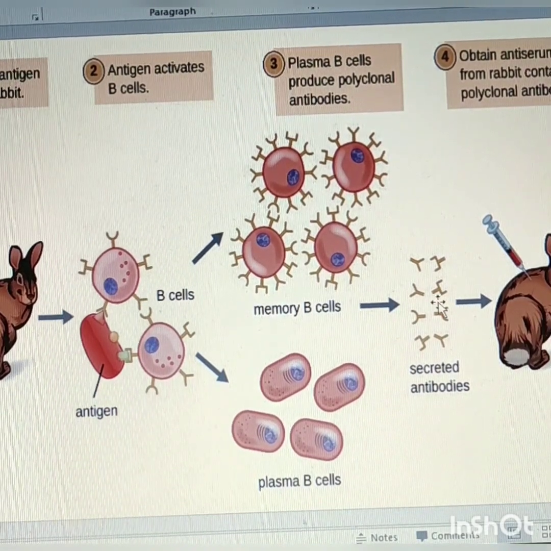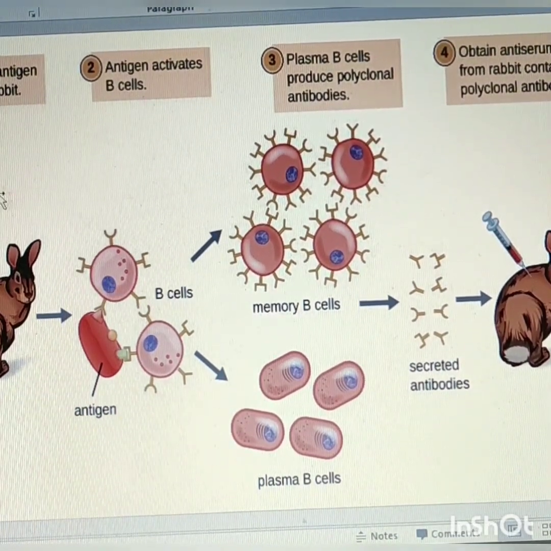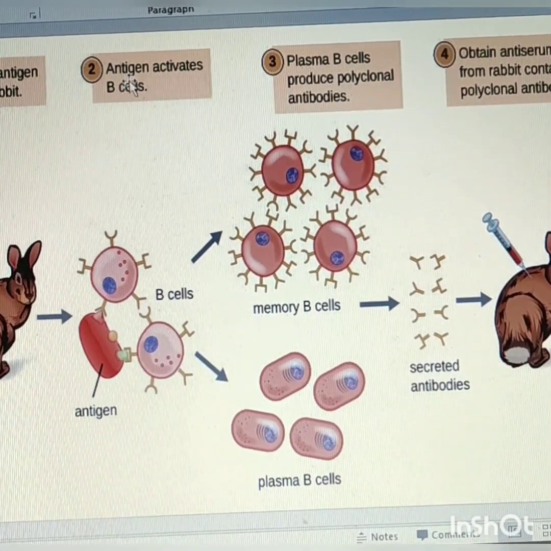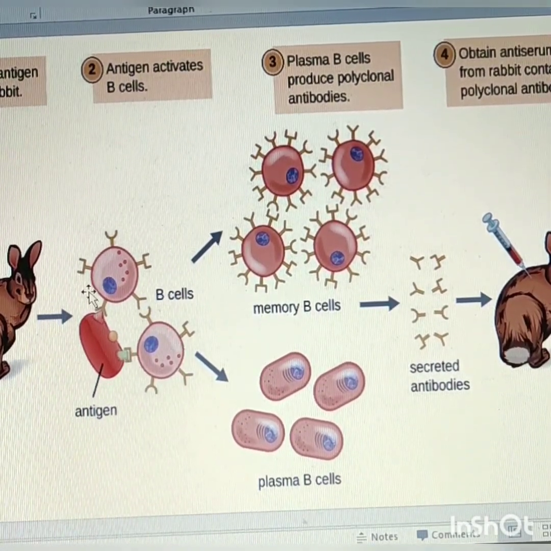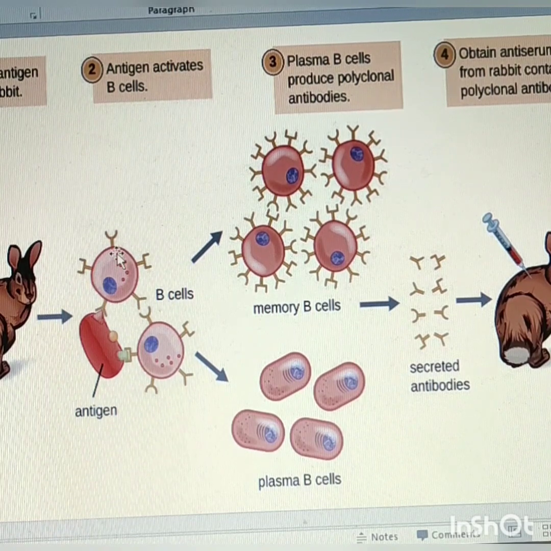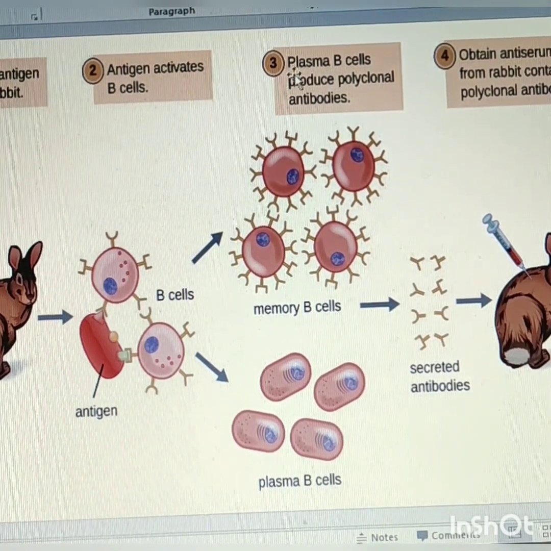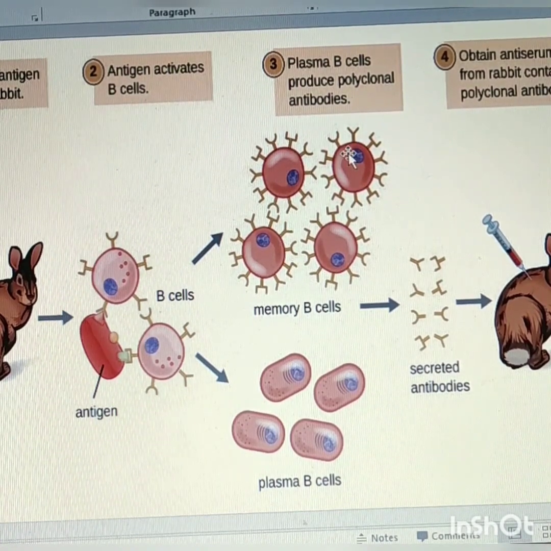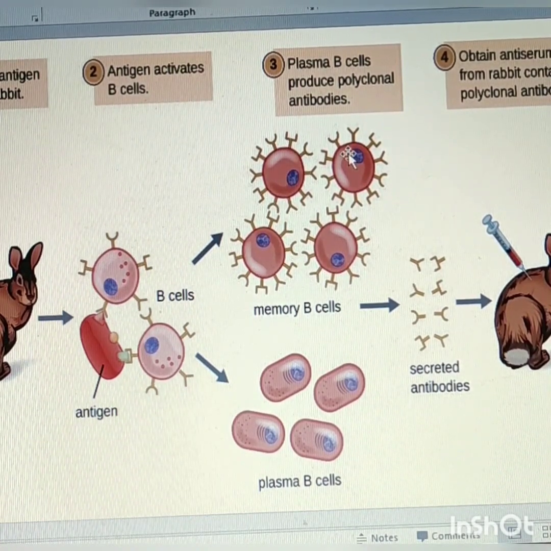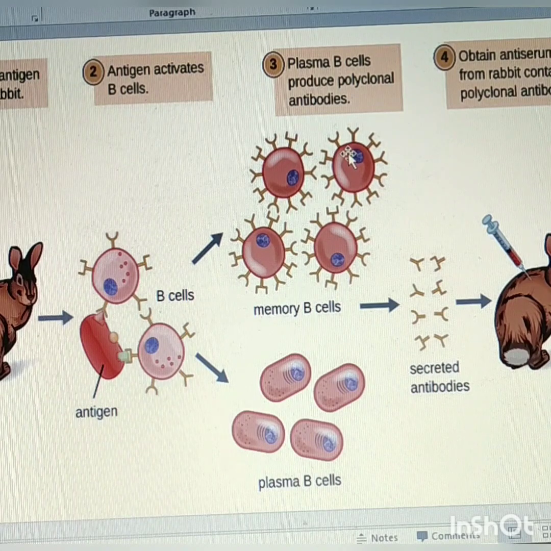If we inject antigen into a rabbit and the antigen activates B cells, the plasma B cells produce polyclonal antibodies. That is, antibodies with different sites that may respond to different portions of an antigen.